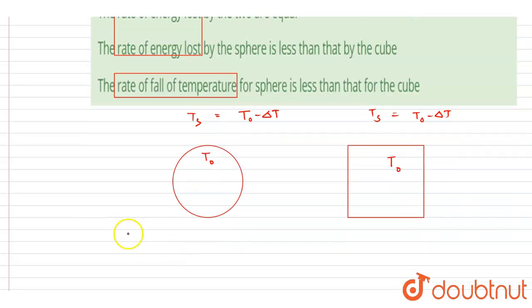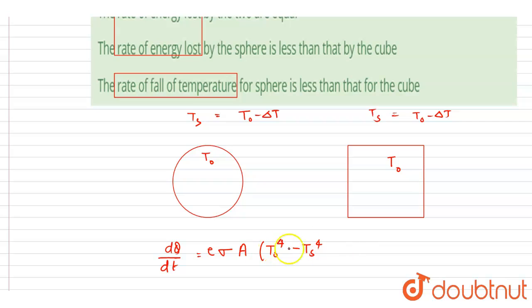If I talk about the rate of heat loss, that will be the same in the two, right? It will be sigma times surface area and emissivity, and since they both are made up of copper, and the temperature of the body to the power 4.